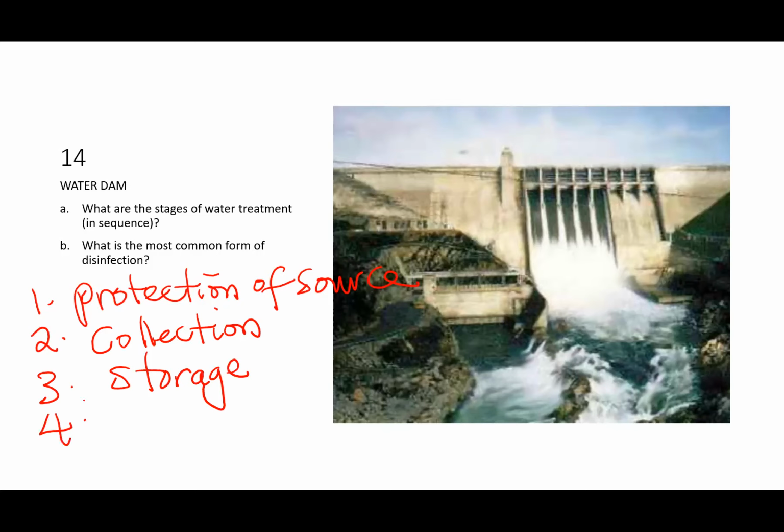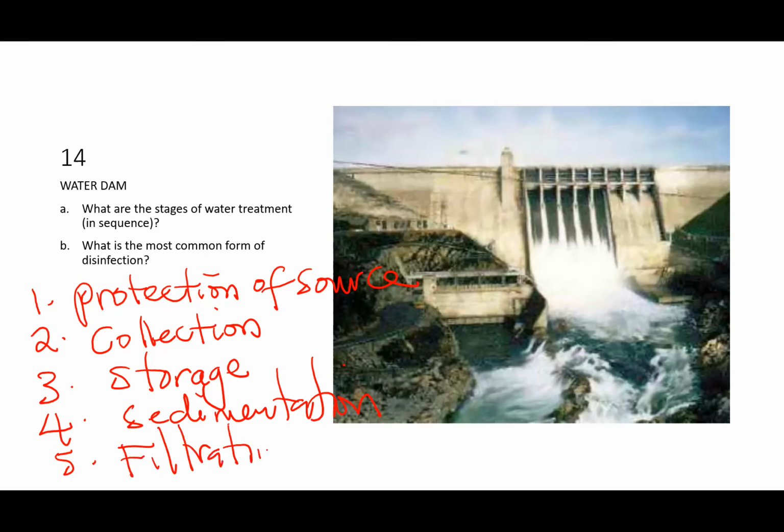Number four, sedimentation. And number five, you have filtration. This sedimentation is also called coagulation.